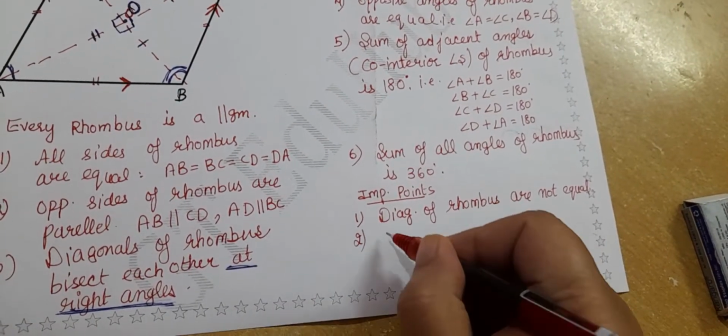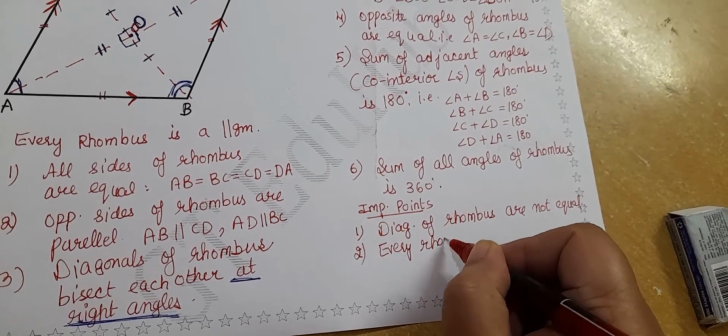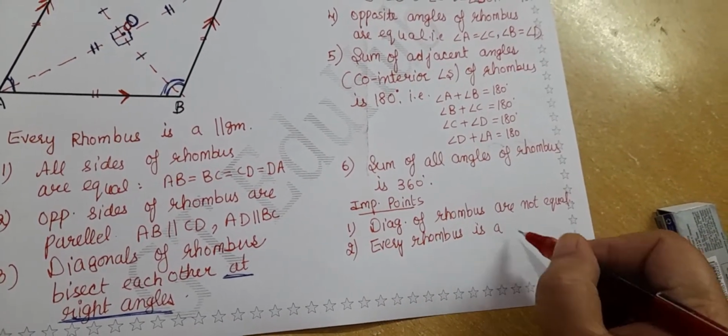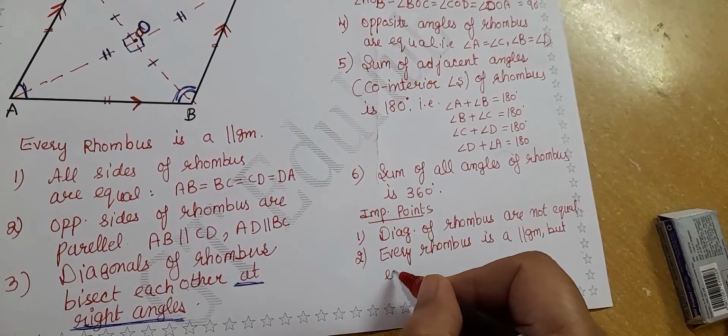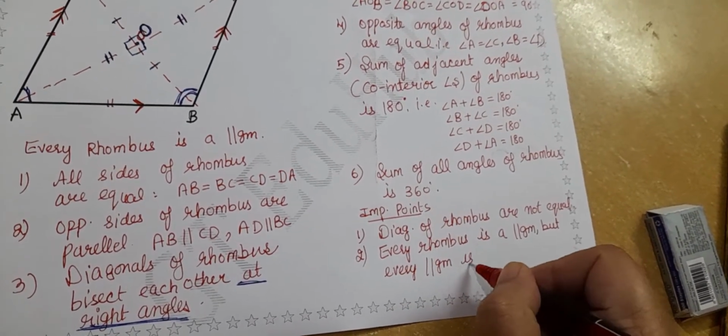Second point is, every rhombus is a parallelogram. Every rhombus is a parallelogram, but every parallelogram is not a rhombus.